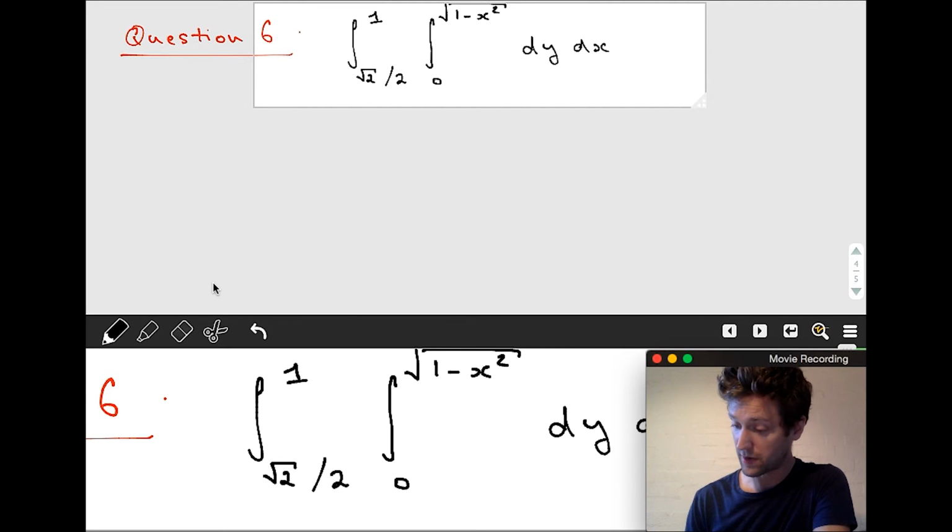So you notice here that the integrand is actually just the number 1. So we're going to be calculating an area here.